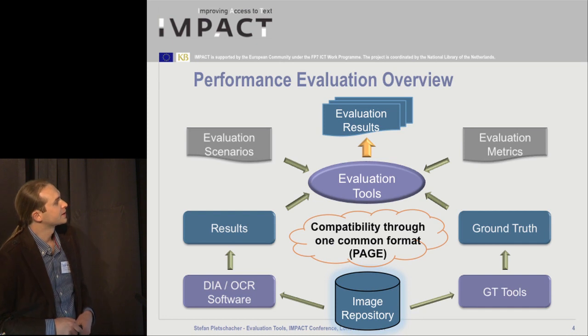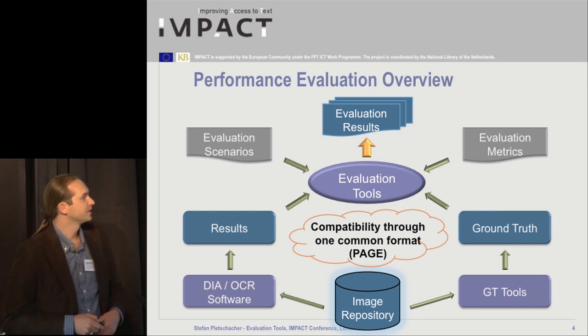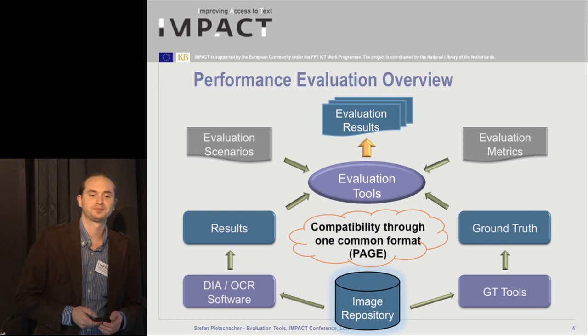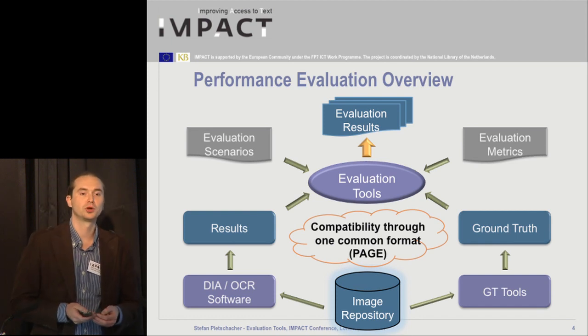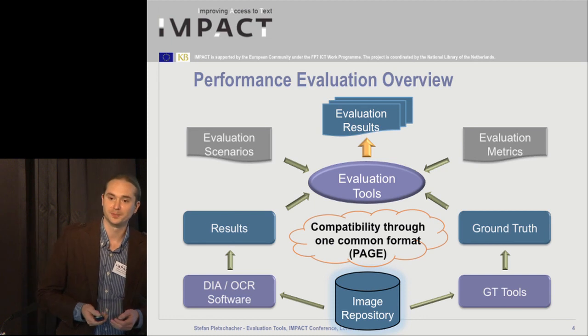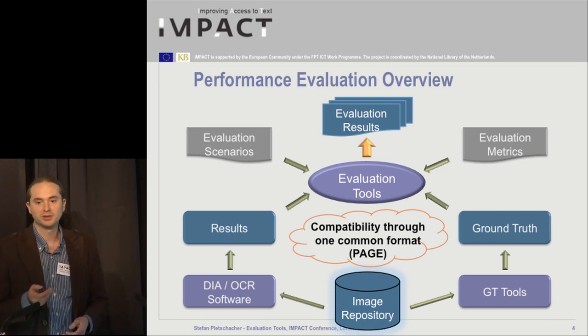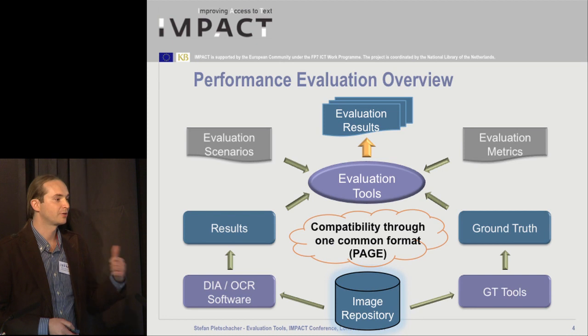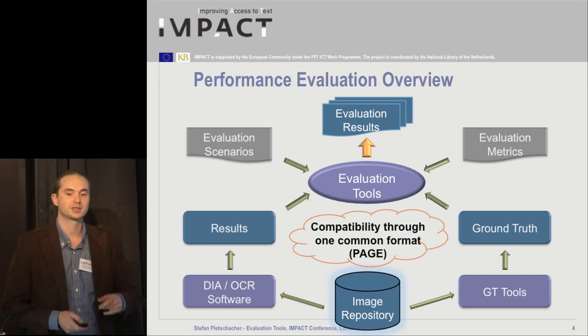Okay, so evaluation metrics, that basically means what do you want to measure? What types of error, for instance, would you consider? Say for OCR, we've heard that many times now, it's the character accuracy, word accuracy and all that.